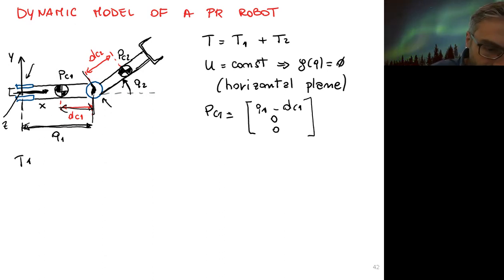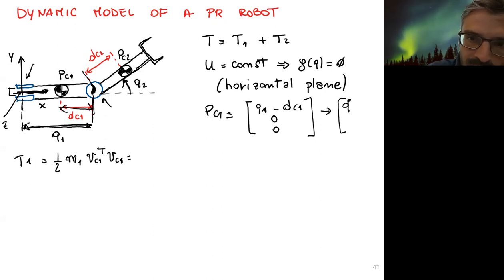Then we can compute the kinetic energy of link 1, considering that this link is only translating. So if you apply the Koenig theorem, we have only the component of kinetic energy due to the linear motion, which is 1/2 M1 VC1 transpose VC1, where VC1 is the time derivative of PC1. So it is Q1 dot, 0, 0, because the rest is constant, so the derivative is 0.